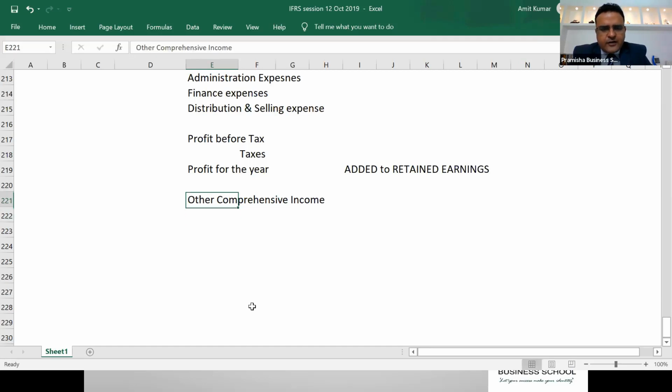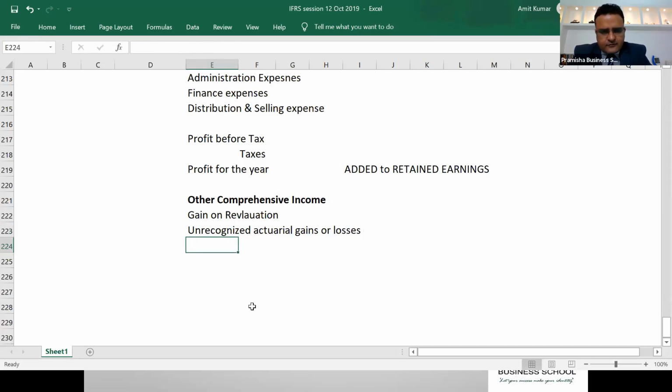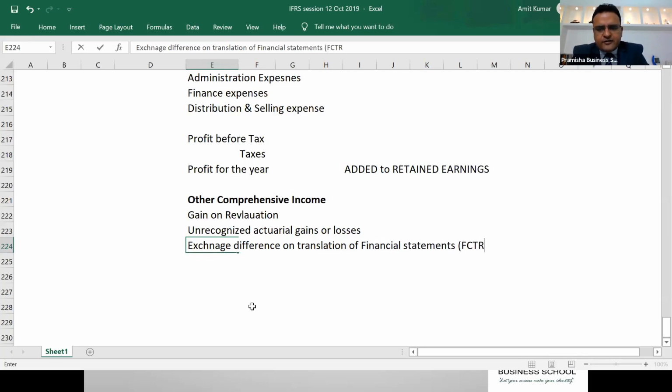In other comprehensive income, there will be gain on revaluation, unrecognized actuarial gains or losses, exchange difference on translation of financial statements, which is otherwise known as foreign currency translation reserve.